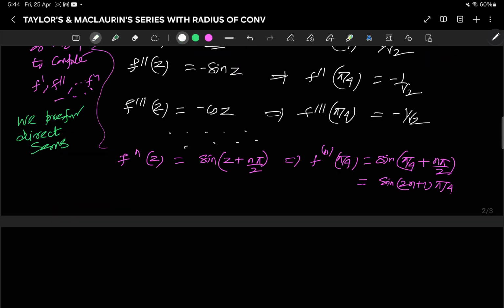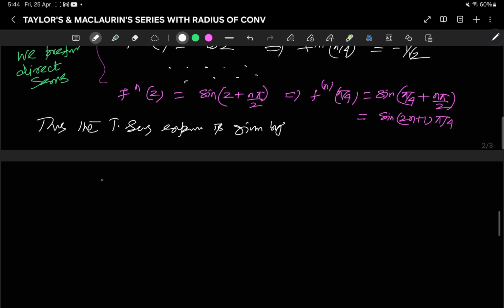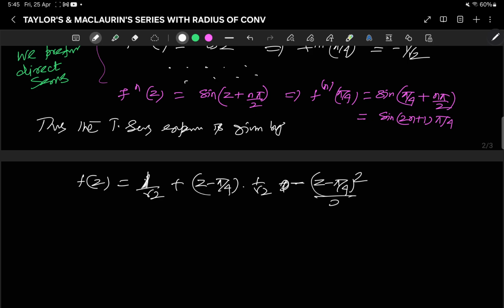Thus the Taylor series expansion is given by f(z) is equal to f of pi by 4, which is 1 by root 2, plus (z minus pi by 4) times 1 by root 2, plus it is minus (z minus pi by 4) whole square by factorial 2, because it is minus 1 by root 2.